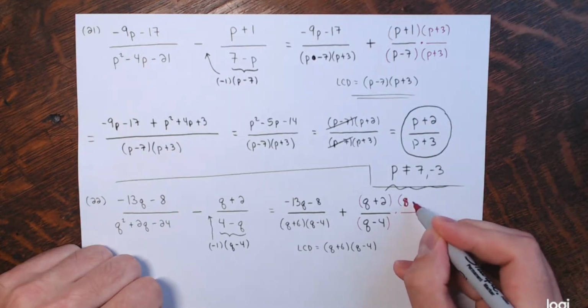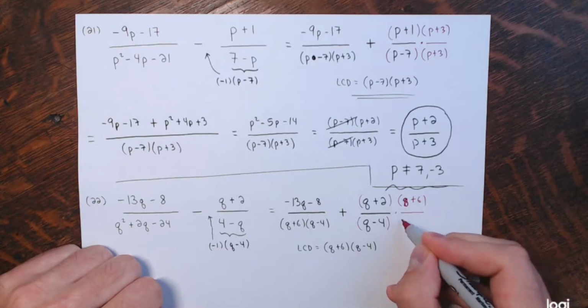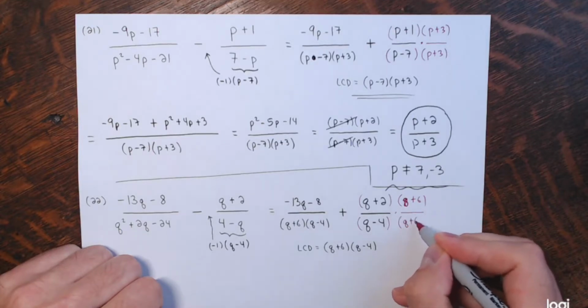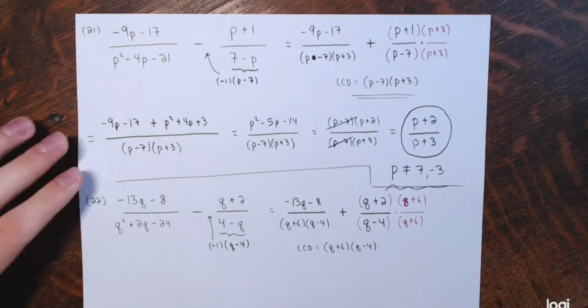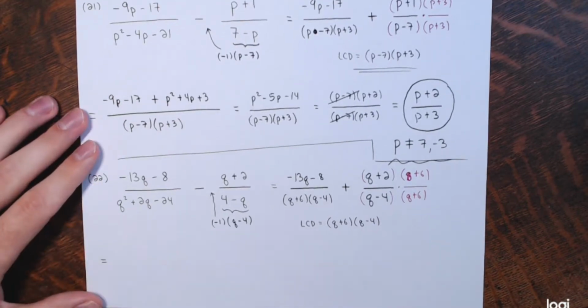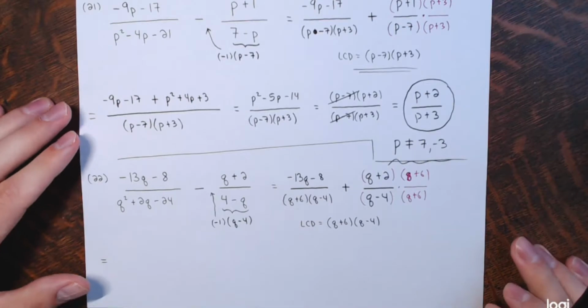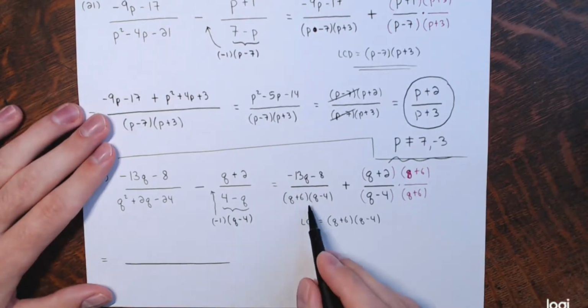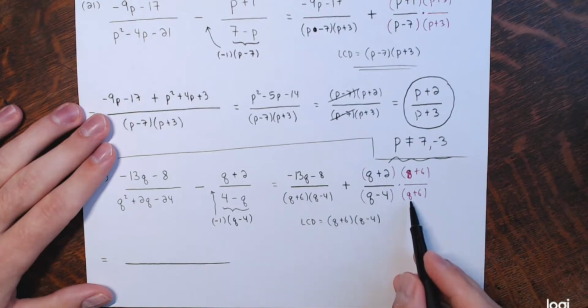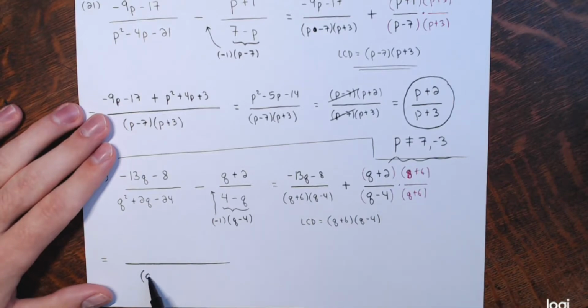Now I'm going to say these things out loud here instead of write them. The denominator of both of these is the LCD, so that's going to be the denominator of the sum, q plus 6 times q minus 4.